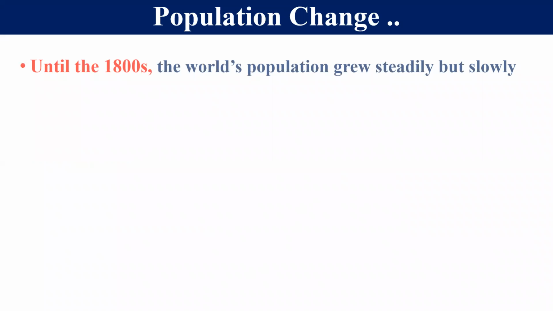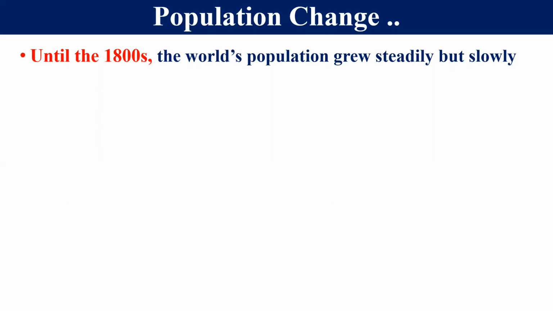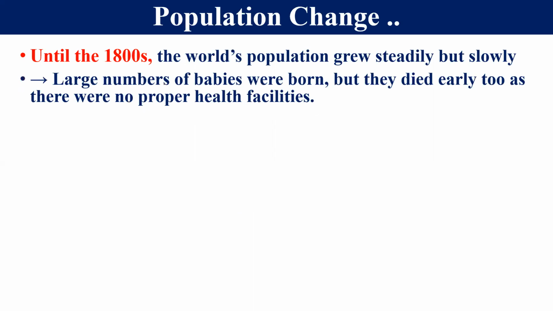Now, dear students, until 1800, the world population grew steadily but slowly. The reason is that a large number of babies were born, but they died early as there were no proper health facilities.